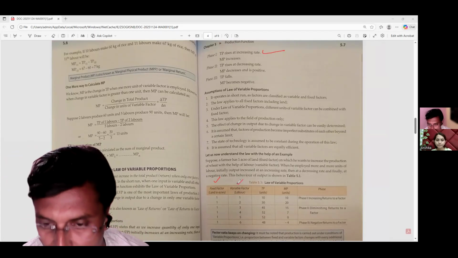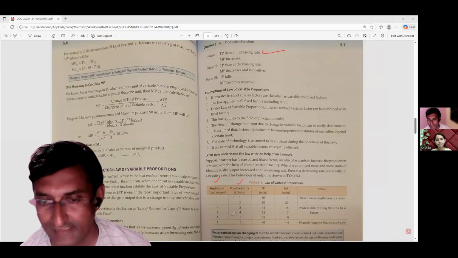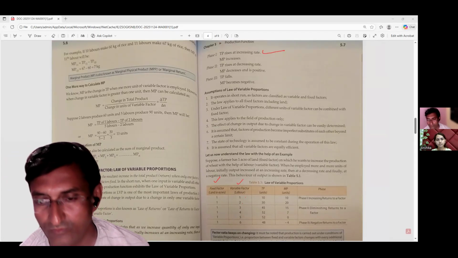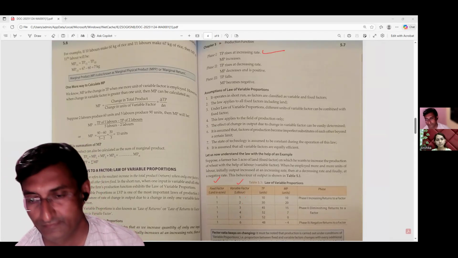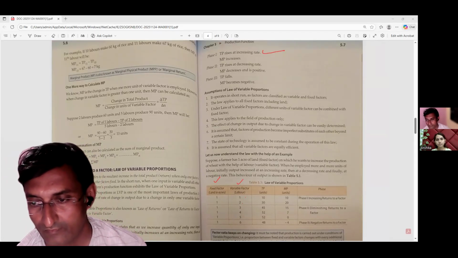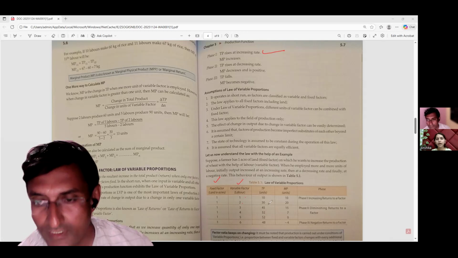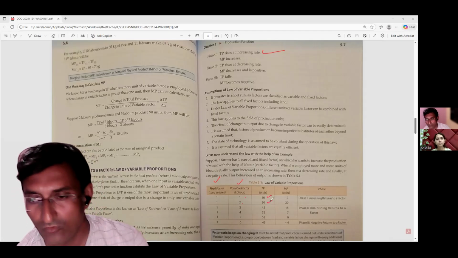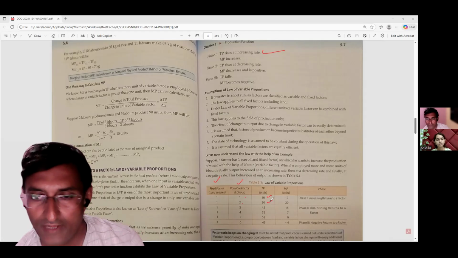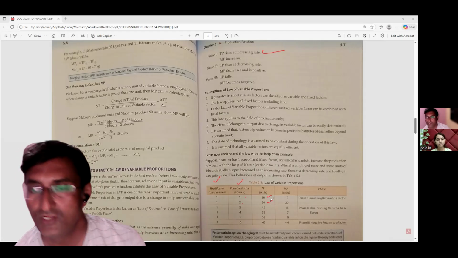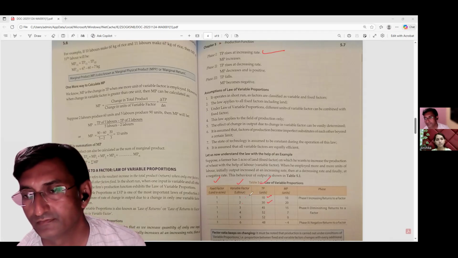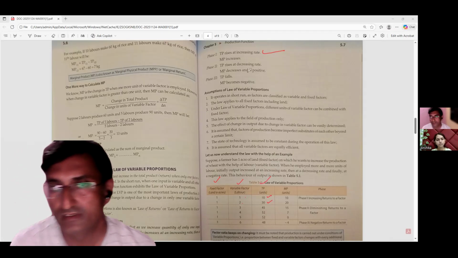Now, when we talk about the variable factor, your variable factors are changing, right? But your total product is 10 and then 30. We have seen that when your variable factor is changed, your TP will be changed, output will be changed.